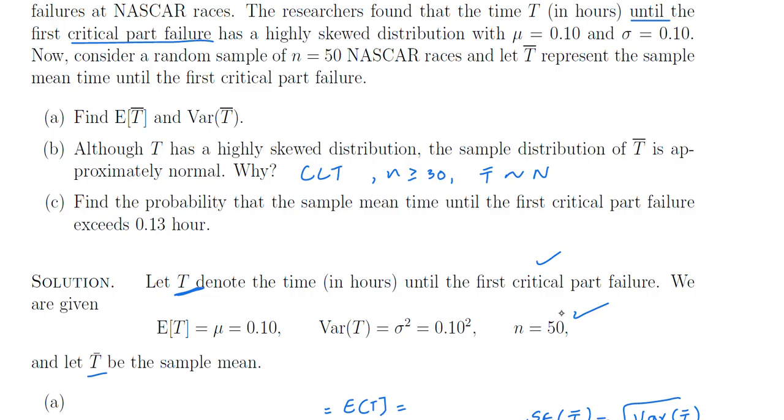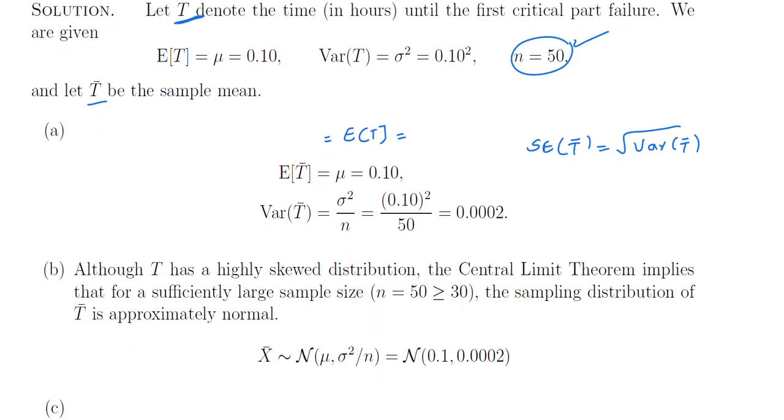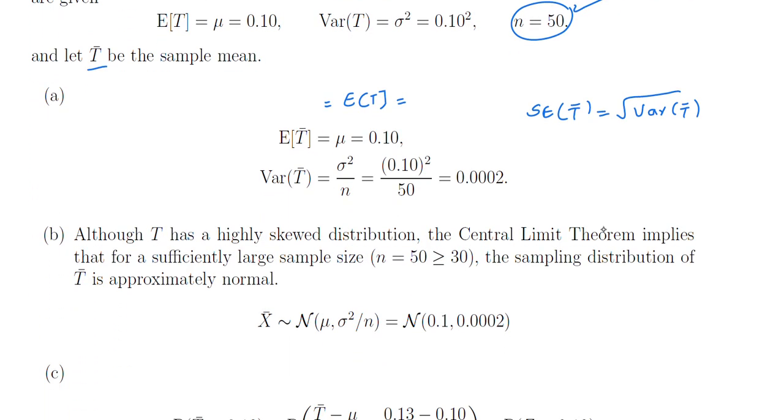And in our case, we have a sample of 50, which is good enough to apply the central limit theorem. Whenever we apply a theorem, we always need to check whether the condition has been met. The condition for the central limit theorem is a sufficiently large sample size, and that has been met because 30 is usually considered an enough sample size for skewed distributions.